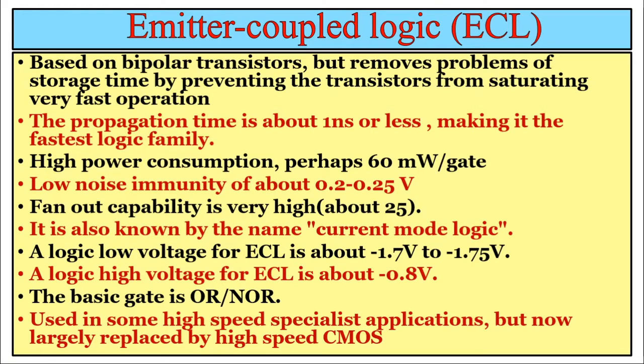The ECL logic gates usually have both an OR gate and a NOR gate output. The basic logic gate is the OR or NOR gate. It is used in some high-speed specialist applications but is now largely replaced by high-speed CMOS families.